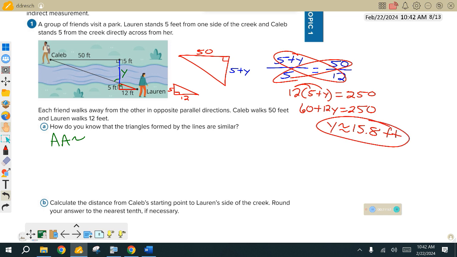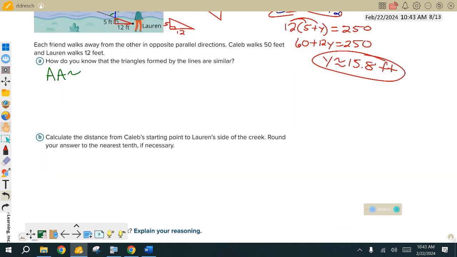Ray said keep that y, which happens to represent 15.8 feet. So 15.8 feet gets me from here to here, which is the width of the creek. So 15.8 feet is the width of that creek.